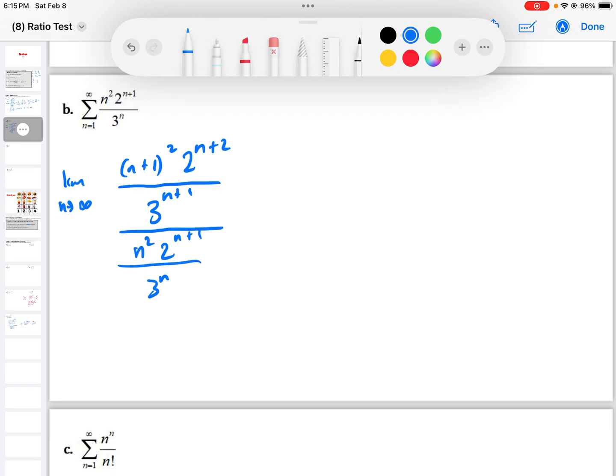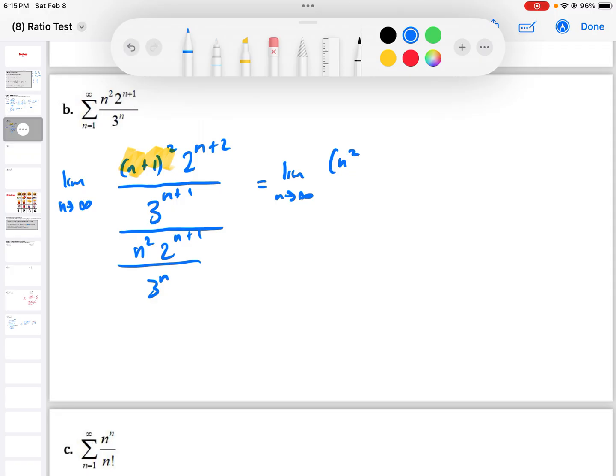And I gotta think, what is this limit? So I'm gonna rewrite this as the limit as n goes to infinity. The top part, I might not need to expand that. Not sure yet. Maybe we'll just expand it, see what happens.